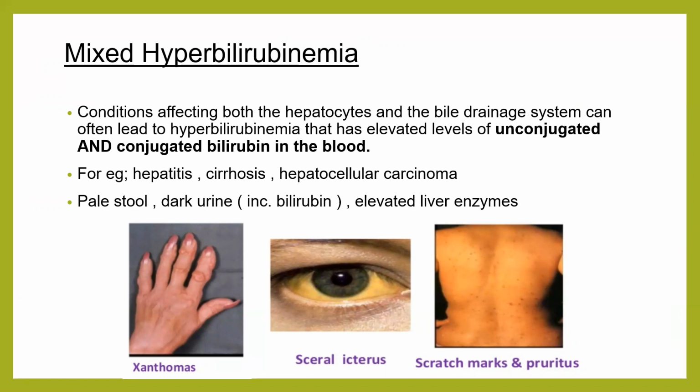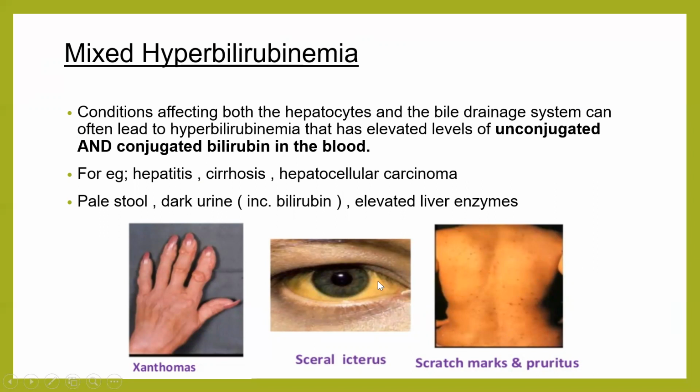For example, in the case of hepatitis, cirrhosis, hepatocellular carcinoma, and typically we see pale stool, dark urine, and elevated liver enzymes.